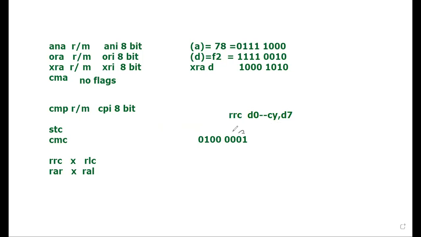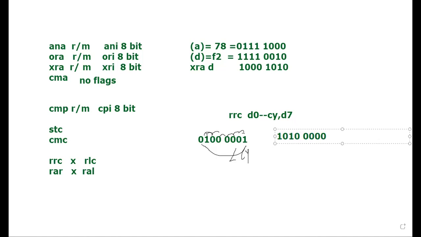So this bit will go here, this bit will go here, and so on. Now this bit will go here as well as it will affect the carry also. So the accumulator contents will now be 1 0 1 0 0 0 0 0. That is your RRC.